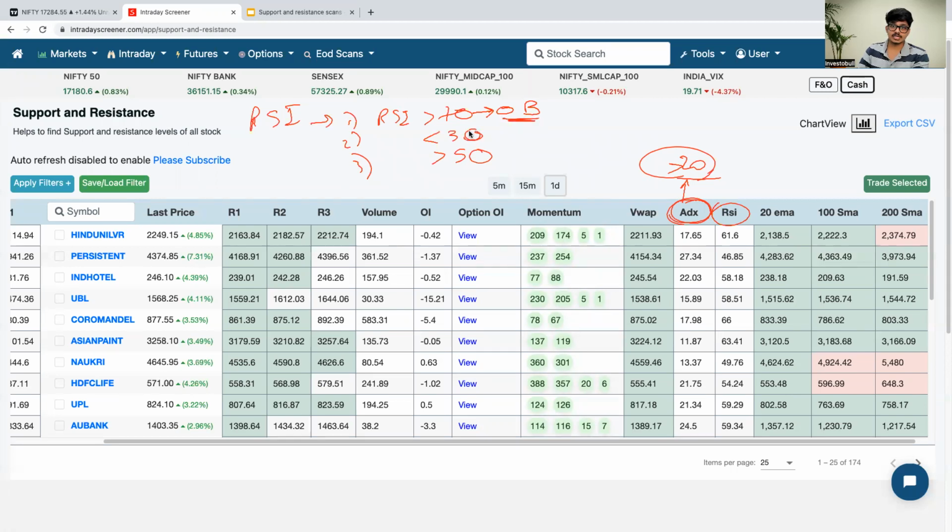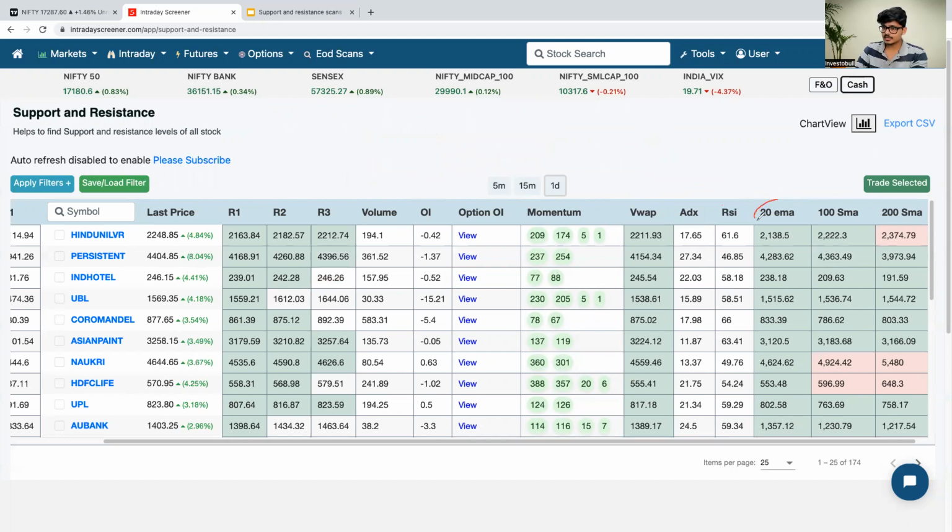RSI less than 30 means that the stock is in the oversold zone. RSI greater than 50 means that the stock is in strong momentum. You can make use of these three things while taking trades.